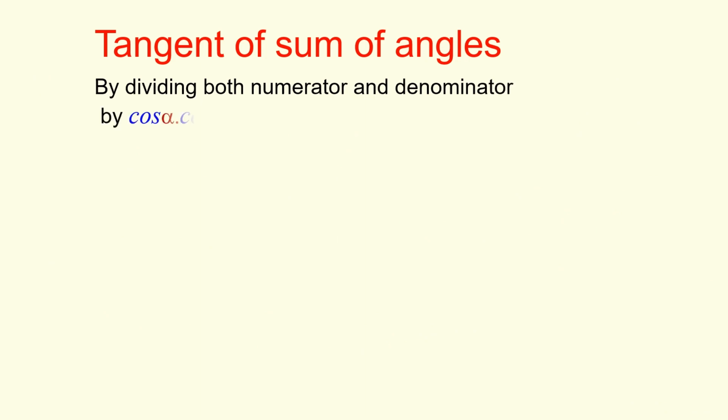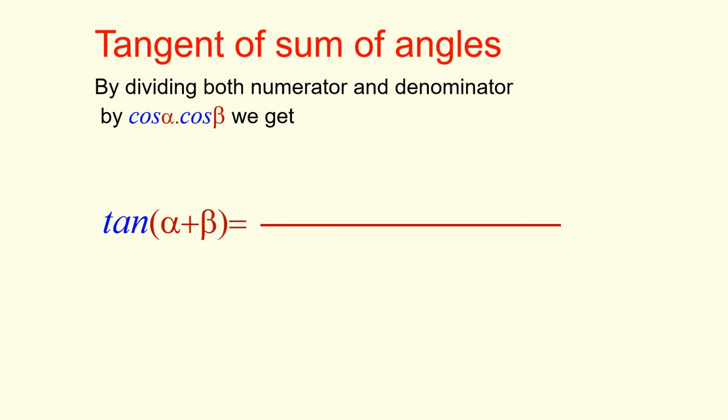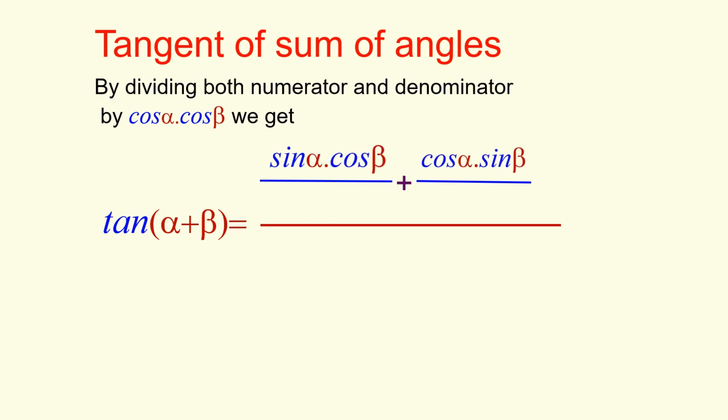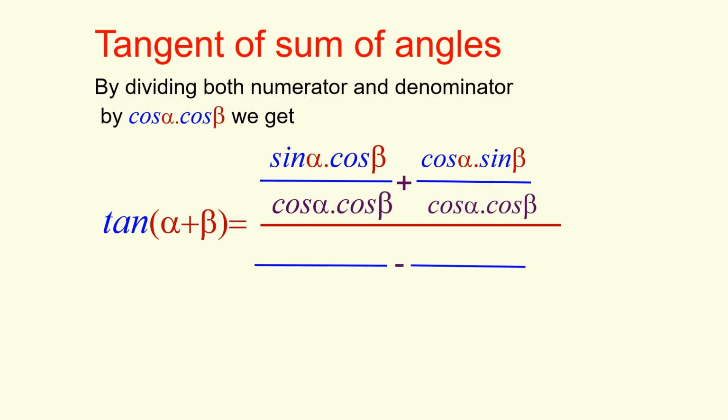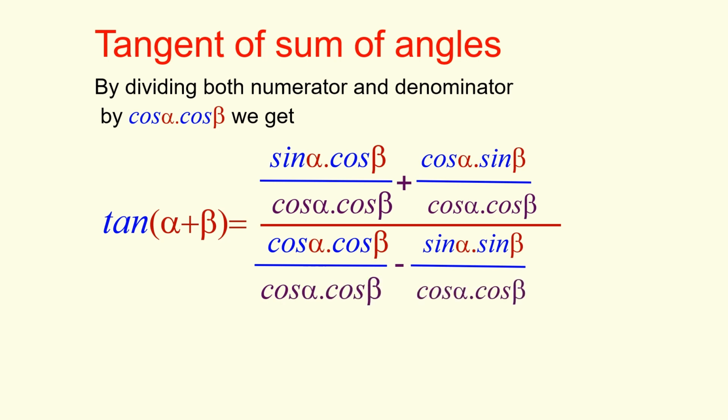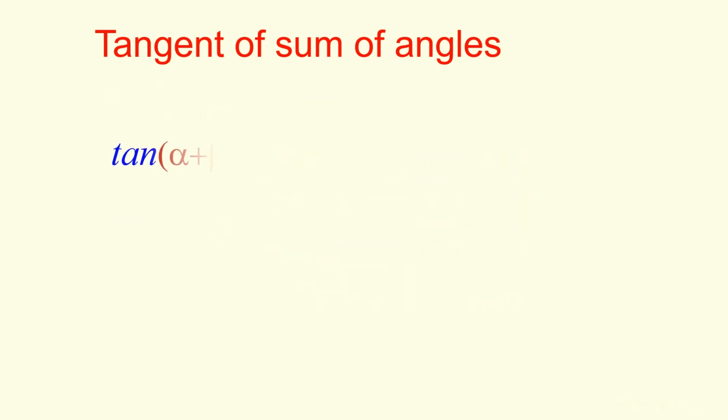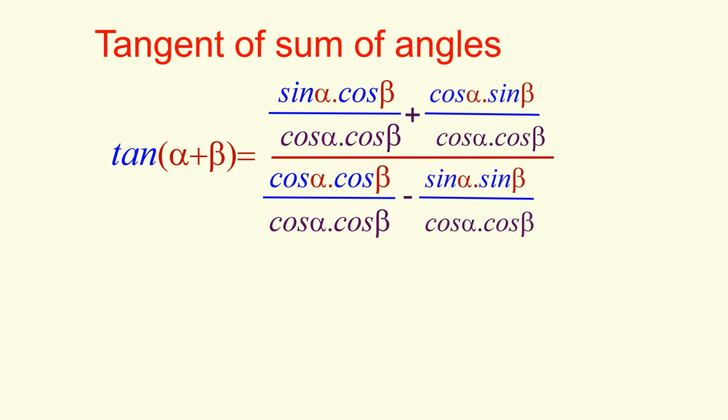Dividing both numerator and denominator by cos alpha cos beta, we get as follows.